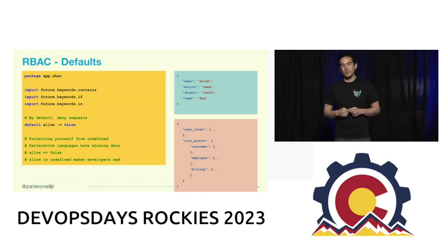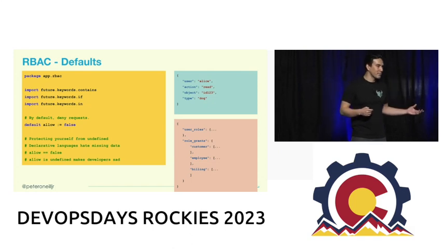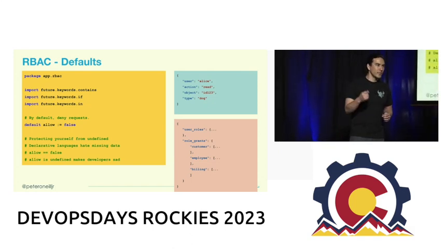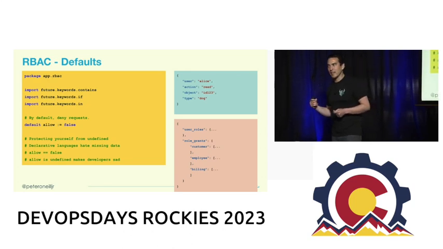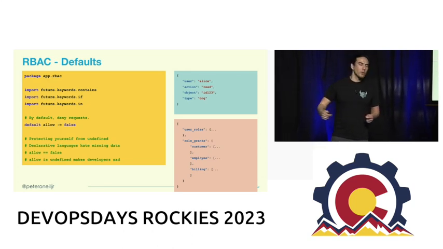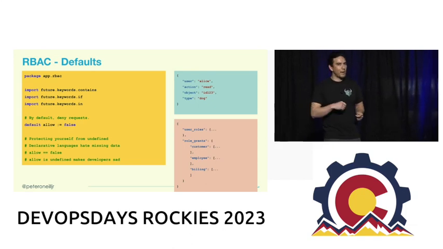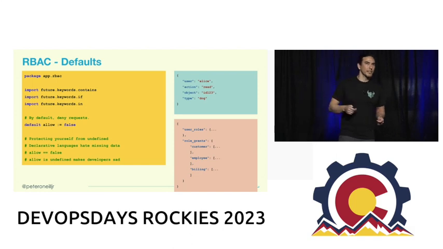If allow is undefined, that will cause you problems down the road, as opposed to knowing that it's always going to default to false. This is a very simple solution, but as you get more and more components in your system, it's important to understand what will happen when your rules evaluate to undefined and to make sure that something is there to catch them.